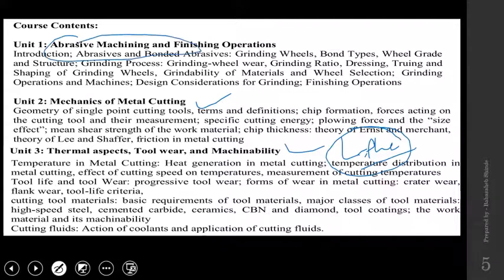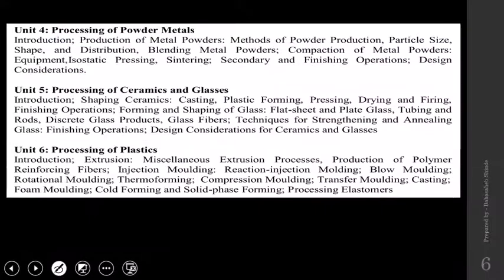Unit number 1 is abrasive machining. So there might be grinding, lapping, and some other machining processes where abrasives are used as a cutting tool. So that is unit number 1. Unit number 2 and 3 are based on the single point cutting tool. Unit number 4 is processing of powder metals, so this is based on powder metallurgy.